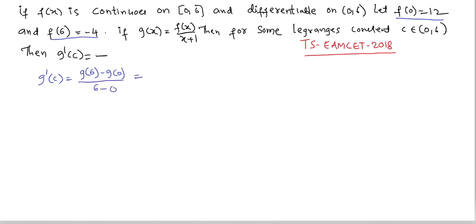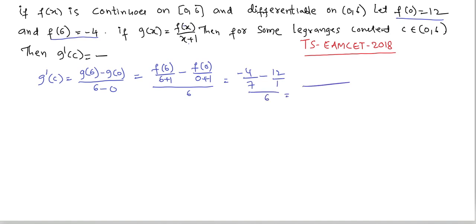Here the function g of x is given as f of x by x plus 1, so that is f of 6 by 6 plus 1 minus f of 0 by 0 plus 1, all by 6. The value of f of 6 is given, that is minus 4 by 7, and f of 0 value is 12, all by 6.